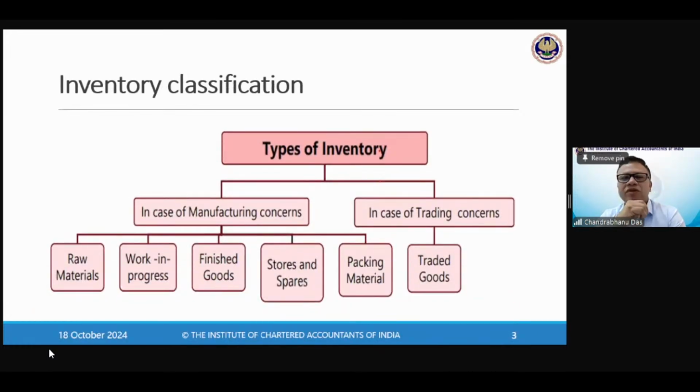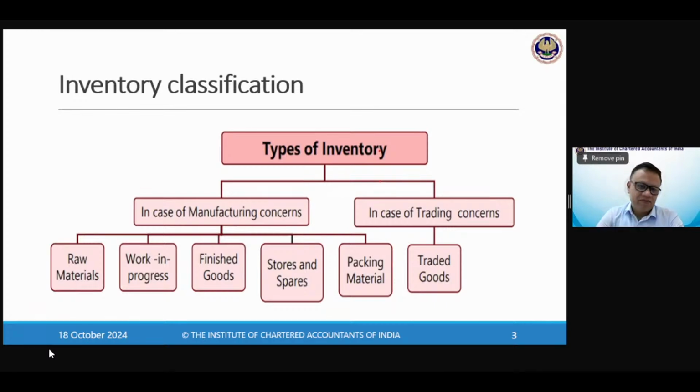Now, when we go to the types of inventory, I think you have all studied this in your previous academic classes. Inventory you classify into manufacturing and trading concerns. Why? In trading, you simply trade goods, purchase them from somebody and sell to somebody. But in manufacturing, it goes through an engineering and technological process so that the raw material first turns into semi-finished or work in progress. Then work in progress transforms into finished goods and gets ready for sales.